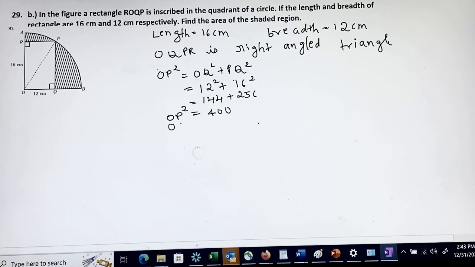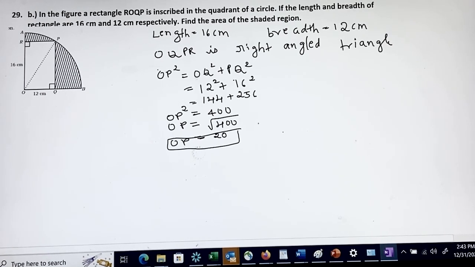Now I want to know the value of OP, that is square root of 400. So the square root of 400 is 20. Okay, so here OP is 20. Now what does OP represent in the diagram?